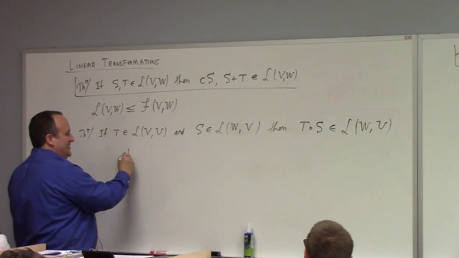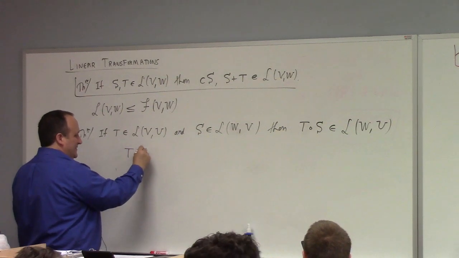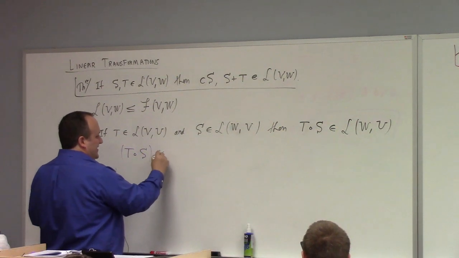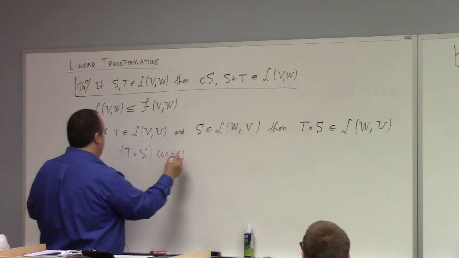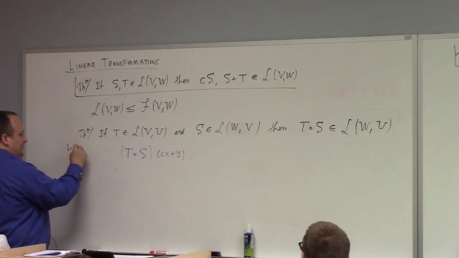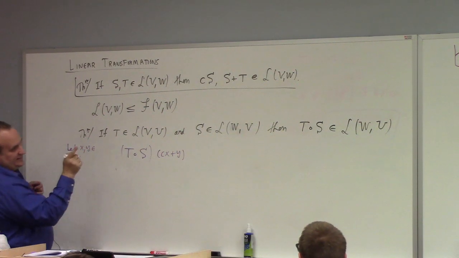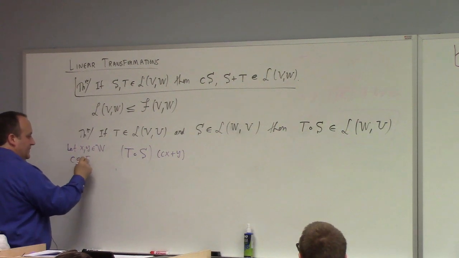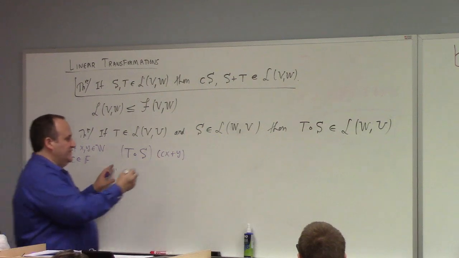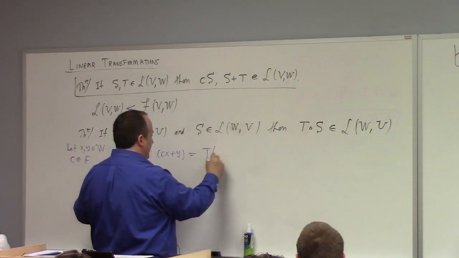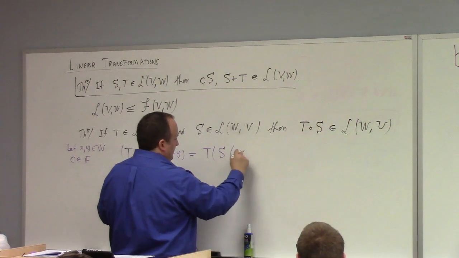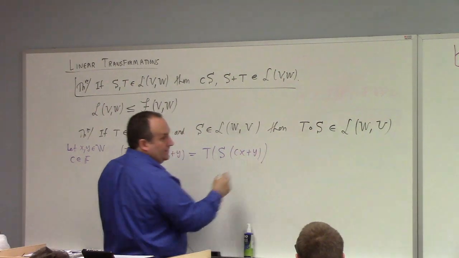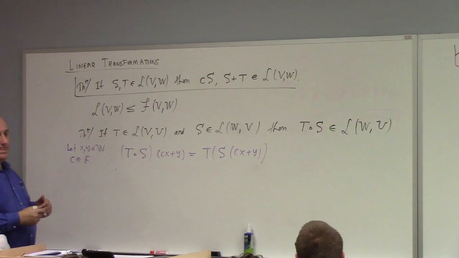So we have T composed with S, acting on, let's say, Cx plus y, right? Let x and y be in W, and C in the field. If I do that, by definition of composite, this is T of S of Cx plus y. All right? And then what?